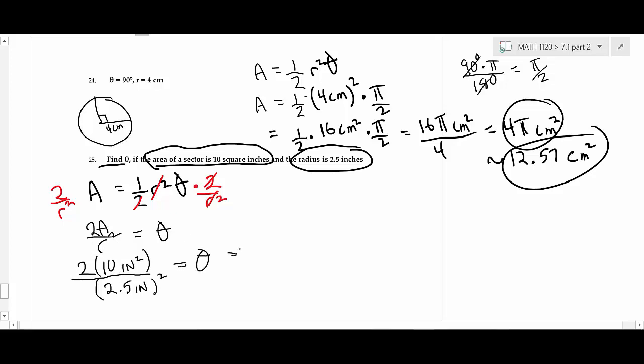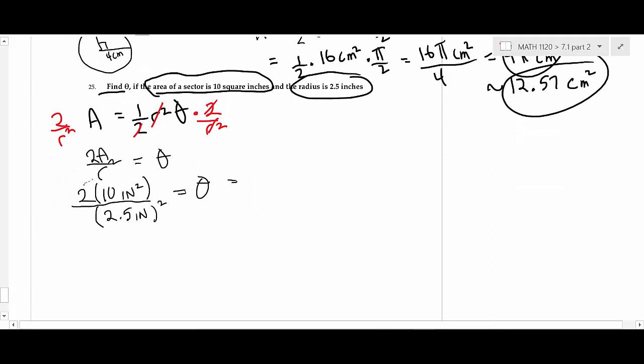So now what I'm going to do is just calculate this out. So the numerator is 2 times 10 is 20 square inches. Okay, you can take your calculator and square 2.5. If you square 2.5, that will give 6.25, and that's going to be in square inches.